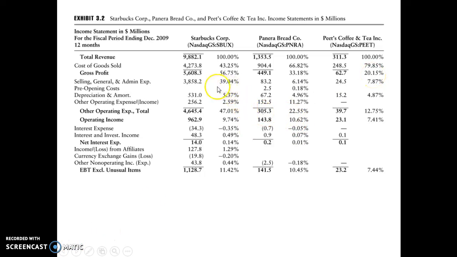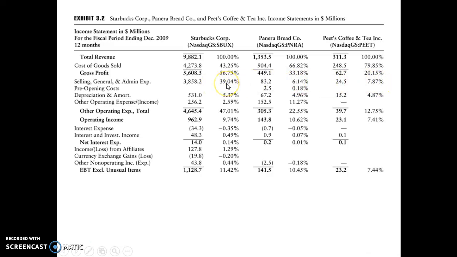We can do the same thing with expenses. So here they've combined selling, general, and administrative expenses, and if we take this number and divide by total revenue, we would come to 39.04%. And we can see that Starbucks has a much higher percentage of selling and general administrative expenses, more so than Panera Bread and Pete's Coffee.